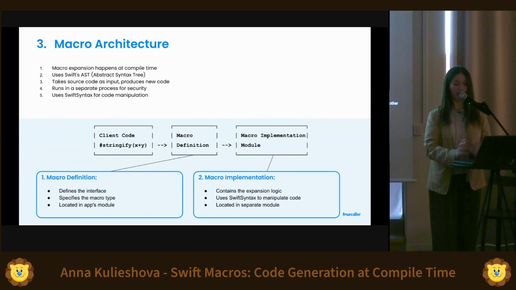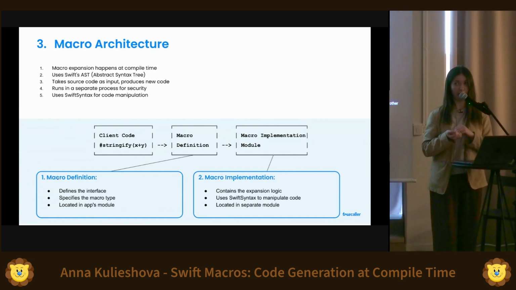The whole macro expansion happens at compile time. It uses the abstract Swift syntax tree, takes your source code as input and produces new code in a separate process, and it uses SwiftSyntax for manipulation.